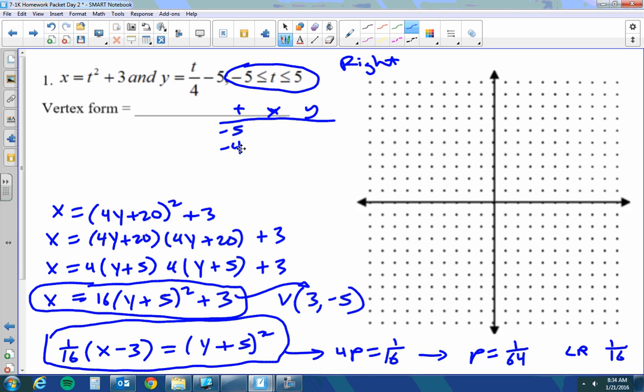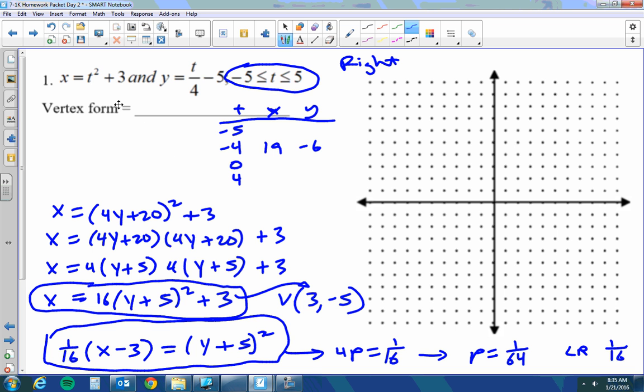-4 would be nice. If I plug -4 in here, what do I get? 16 plus 3 is 19. Don't forget, when you square a negative, you get a positive, right? When you plug in -4 here, 1/4 of that is -1, minus 5, -6. Now, the other nice numbers to plug in are 0 and then 4.